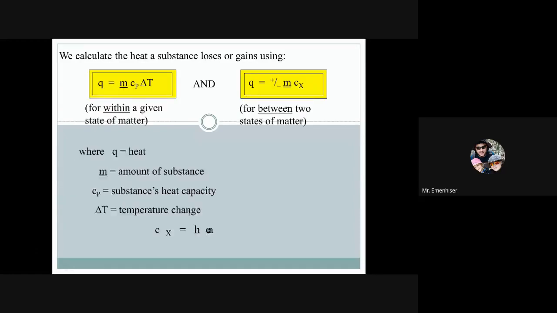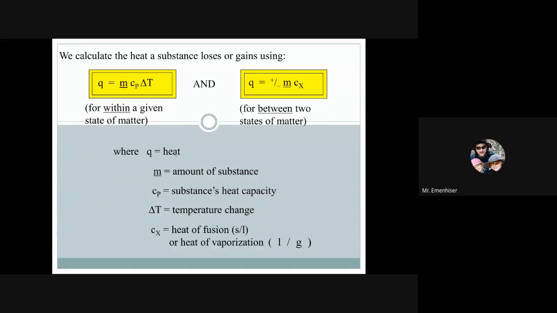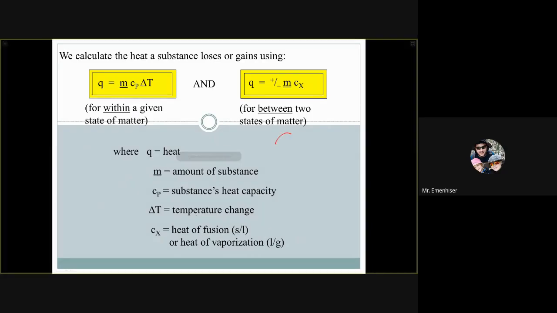So we did this stuff. Q is the heat. M is the mass. We have heat capacity in here. Delta T is the change in temperature. And then we had Cx, which is just the delta H of the substance. So don't let this confuse you. Cx is either equal to delta H of vaporization or delta H of fusion.